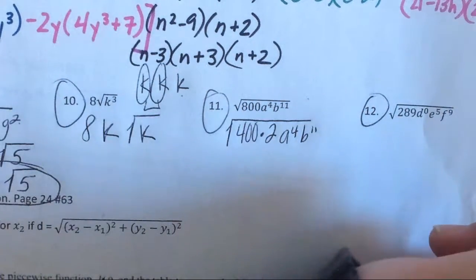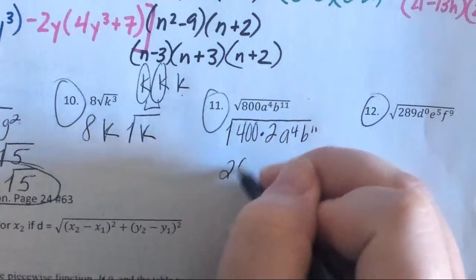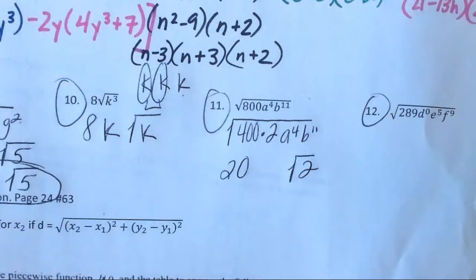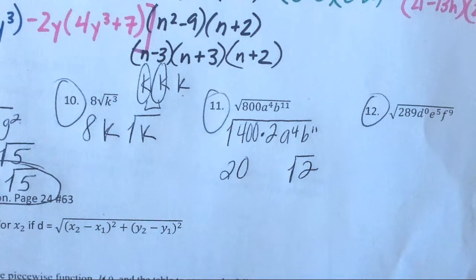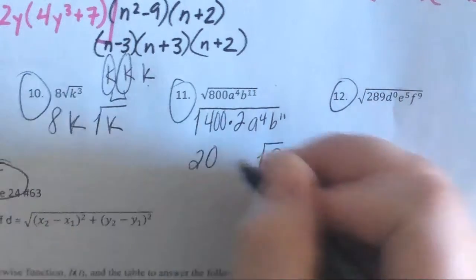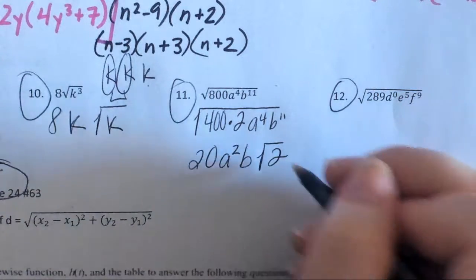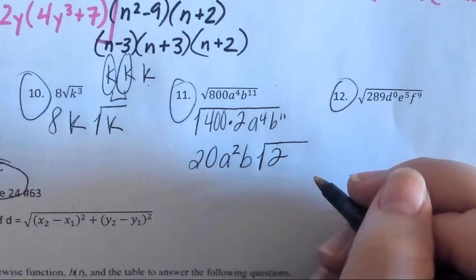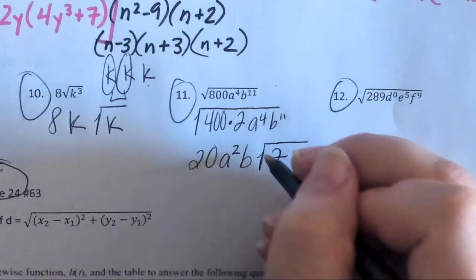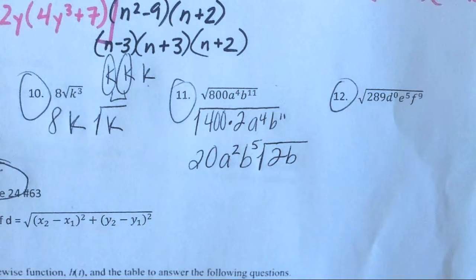So what comes out of the radical number-wise? 2 and 6 get a point, so it ends up being a 20, and there's a square root of 2 left there in the radical, but we've still got to deal with that a to the 4th, b to the 11th. A squared. 1, 2, and 3 get a point, and then b to the what power? To the 10? No. B to the 5th. And what's left? B. And Arturo, your group gets another point.